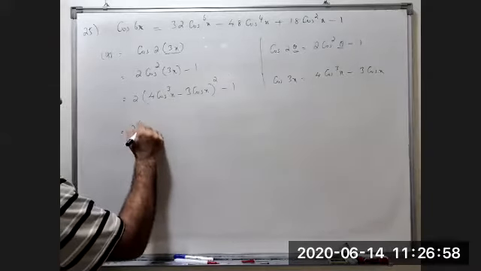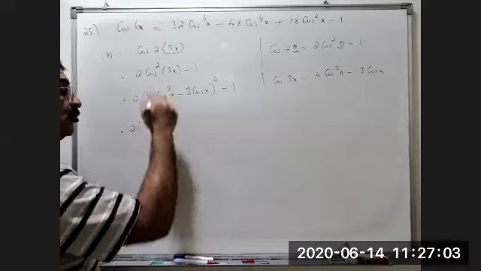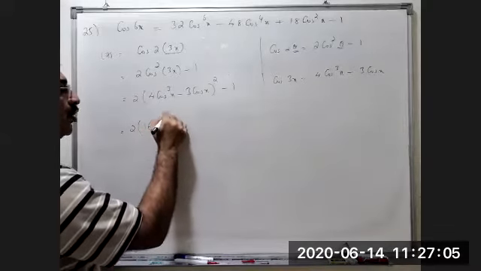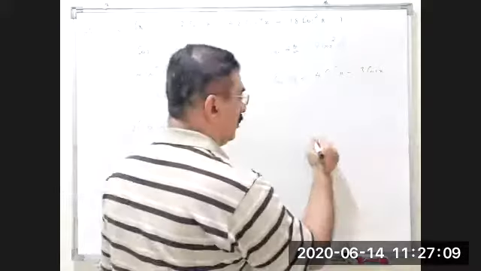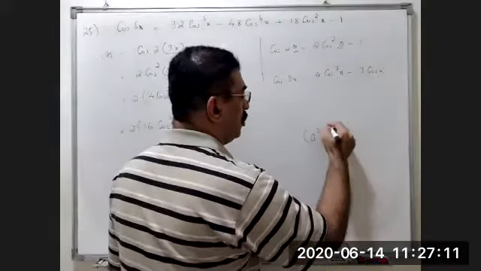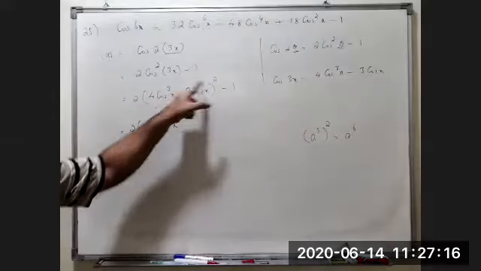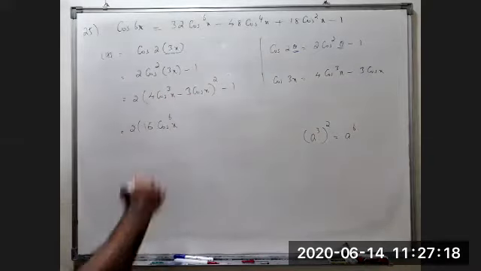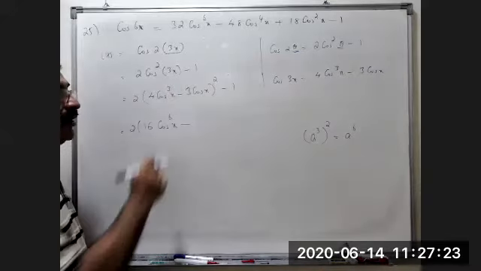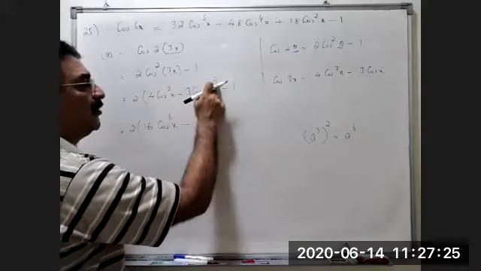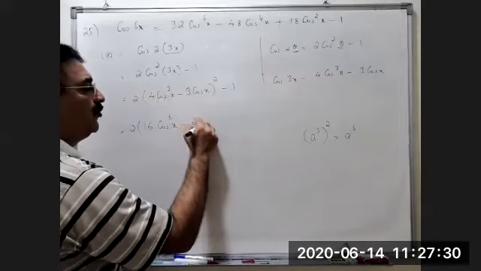Square of 4 is 16. Cos cube the whole square is cos raised to 6x. A cube the whole square will be a raised to 6. So 16 cos raised to 6 minus 2ab. 2ab will be, first we multiply numbers: 2 into 4, 8; 8 into 3, 24.